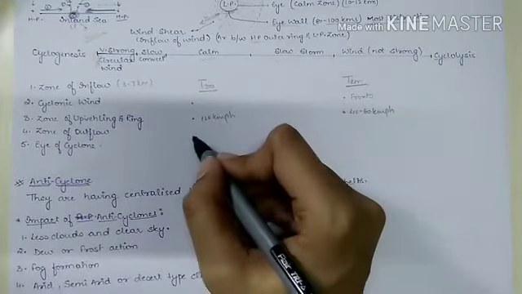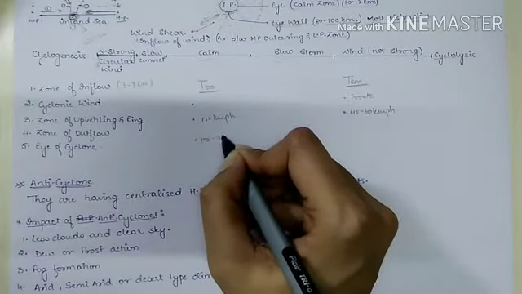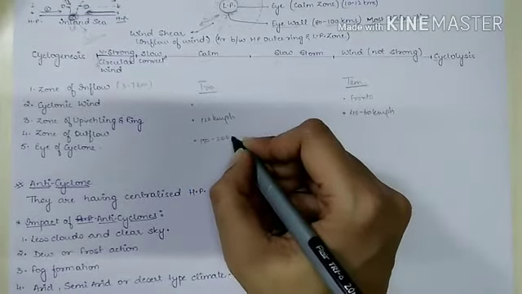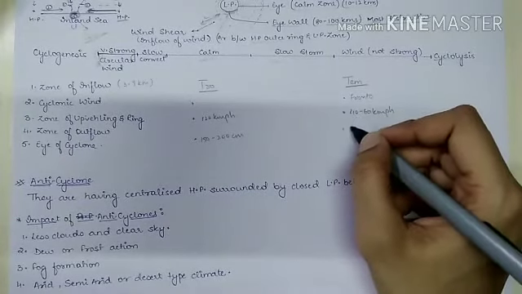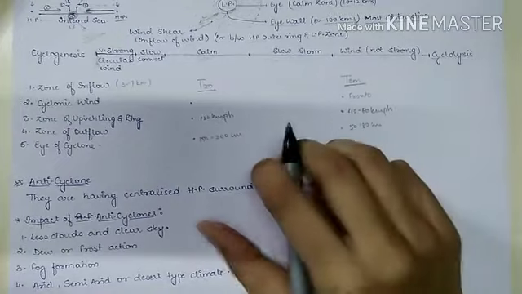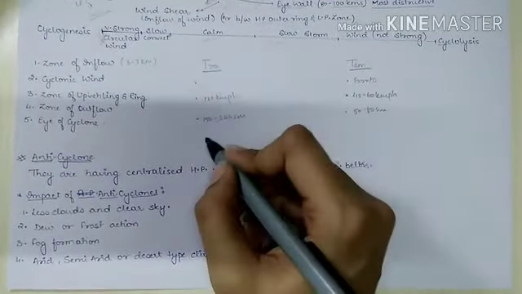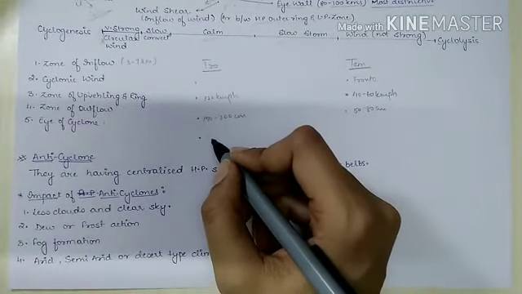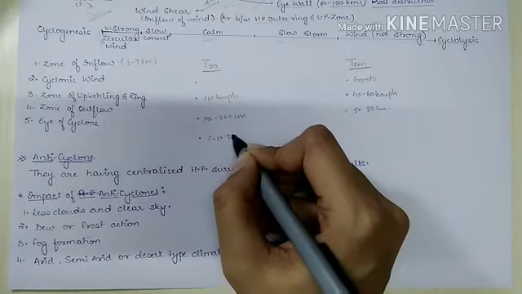Rainfall will be more in tropical cyclones. It will be about 150 to 200 centimeters, while in temperate cyclones it will vary from about 50 to 80 centimeters. Okay. The period of existence is about 7 to 10 days.